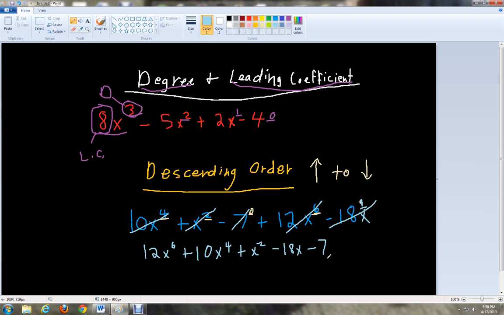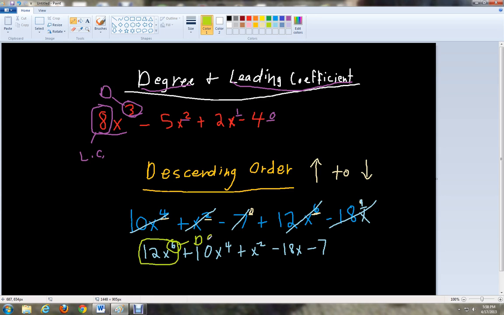So we've gone in descending order, highest degree term to lowest degree term. And this makes it a little more readable. We can now determine the degree, because the degree of the polynomial is the highest degree term, and we see that first, right? 12x to the 6 is the highest degree term, and now we have a degree 6 polynomial.